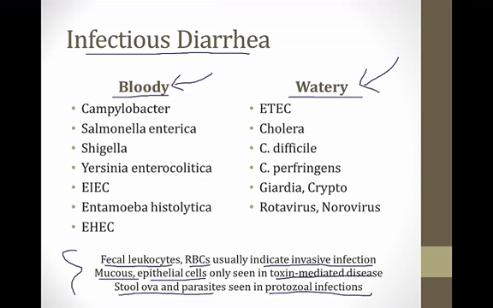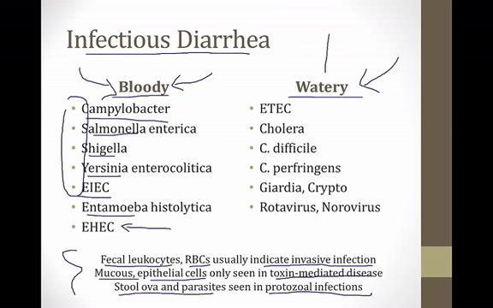So the causes of bloody diarrhea include Campylobacter, Salmonella, Shigella, Yersinia, the enteroinvasive E. coli, and then a protozoal infection called Entamoeba, and then finally the enterohemorrhagic E. coli. All of these bacteria here invade the mucosa, so it's very easy to remember that because they cause bloody diarrhea. EHEC is unique in that it's not invasive, but it releases a toxin that leads to bloody diarrhea.